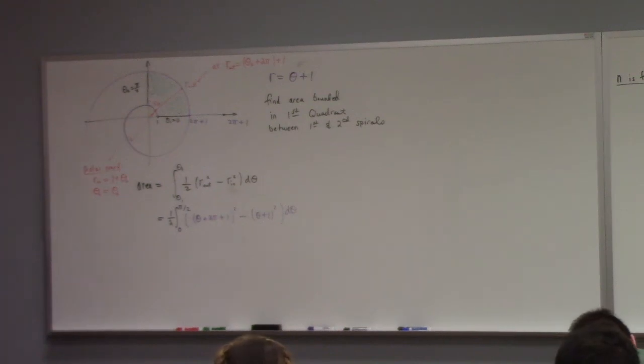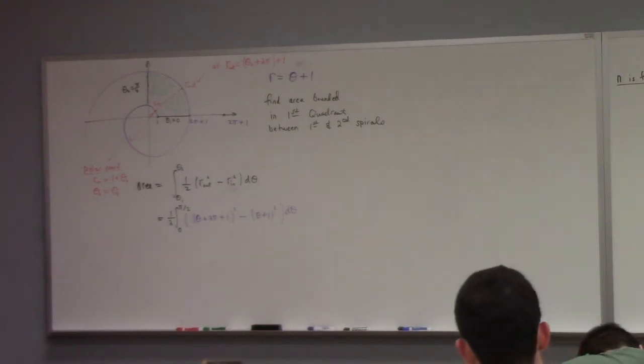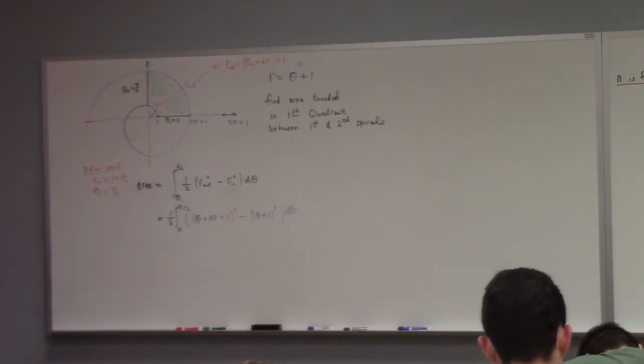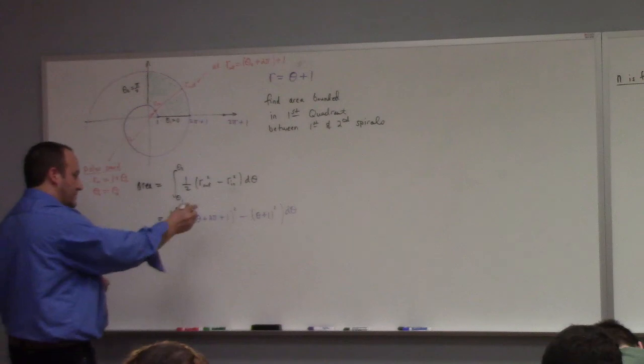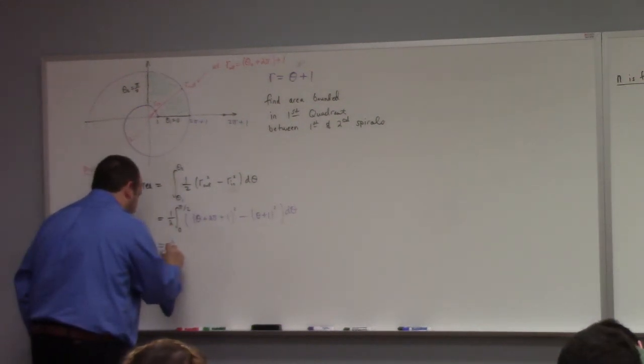And by the way, I need to do it like that because I've already said the bounds go from 0 to pi over 2, right? You can see that theta naught should be between 0 and pi over 2 for the initial spiral, right? And so with that adjustment, this won't be 0, and we can calculate it pretty easily.